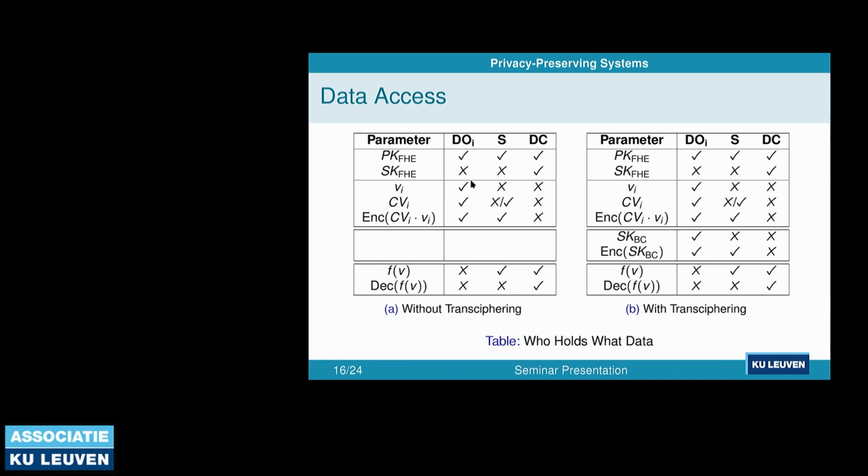This is the most important part. And also, the decryption of the result of whatever function we choose is only known by the data customer. And again, with transciphering, that remains the same. The only thing that actually changes with the transciphering is in the transfer process, and the special way it needs to be transferred and the special way it needs to be accepted.